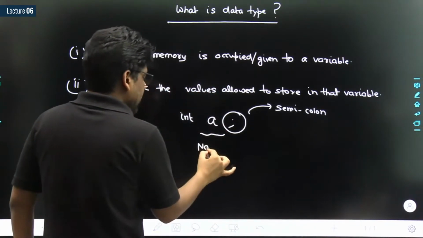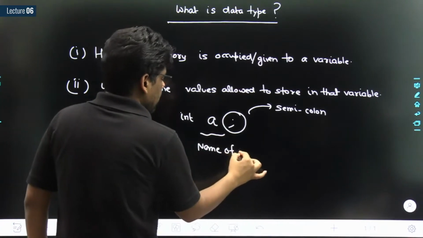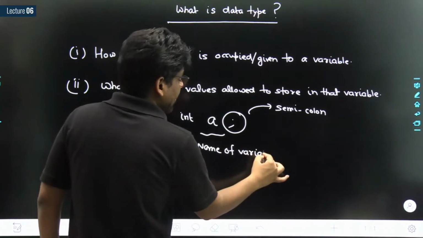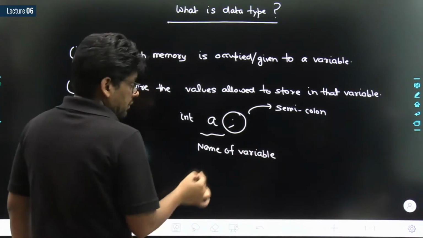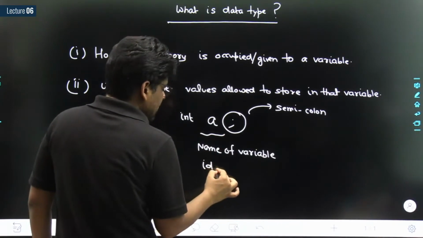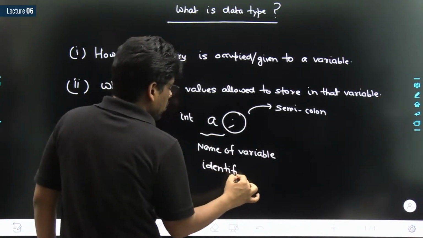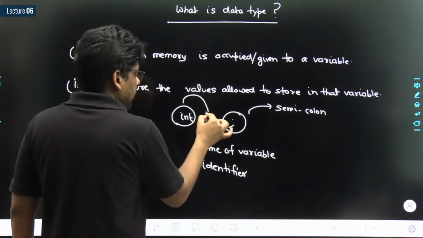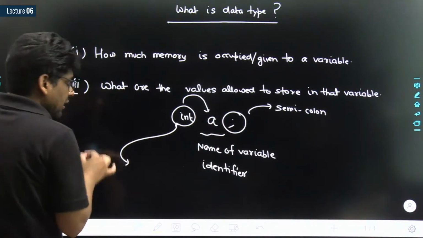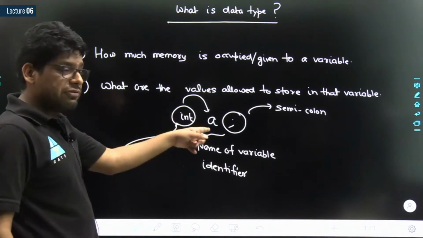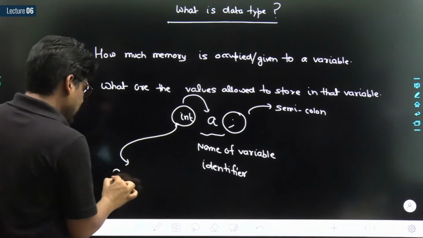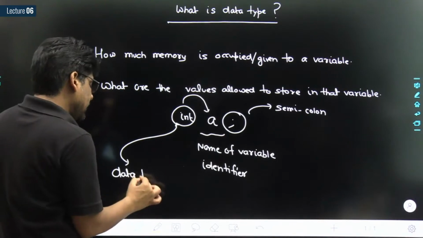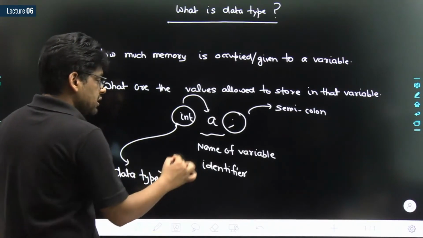Actually, the name of a variable, the named identity of a memory location, and that is why it is also called an identifier. Okay. Why do we attach this int with this variable? Because this int represents the data type of this variable. Int is the data type of this variable a.